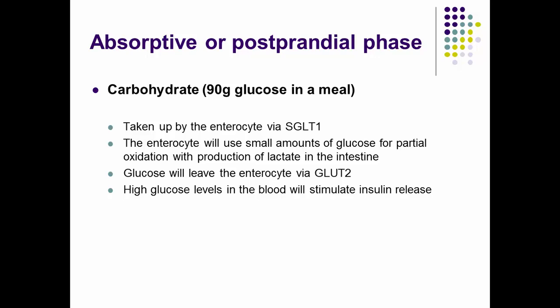Once the glucose enters the enterocytes, they utilize some of the glucose as energy fuel, and then the rest of the glucose is absorbed into the body and leaves the enterocyte through the transporter GLUT2, if you still remember. So high glucose levels will occur after a meal, and then this will stimulate insulin release, right? You remember the whole process in the absorptive phase.